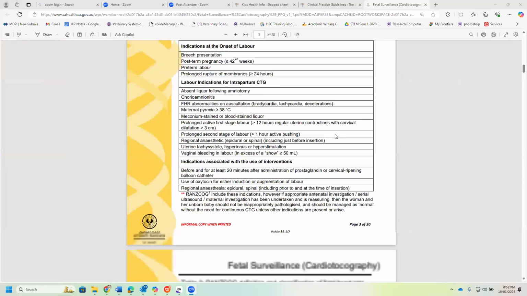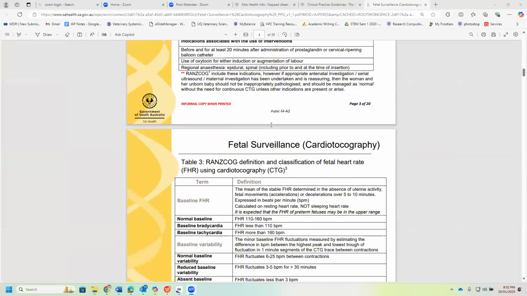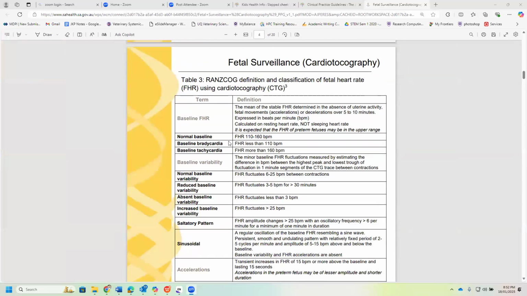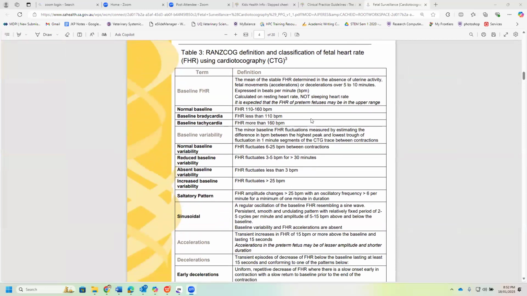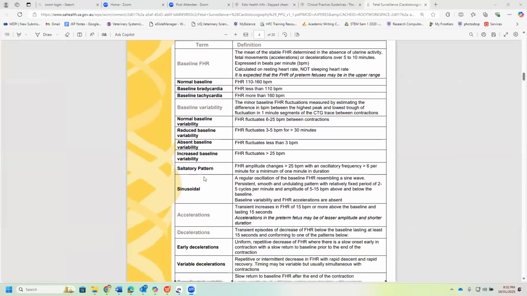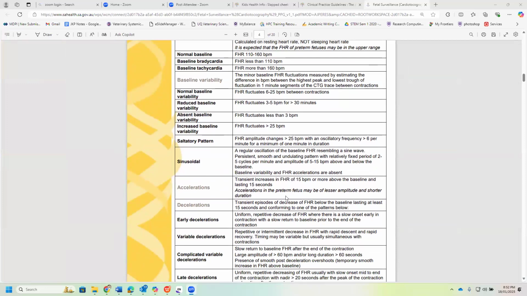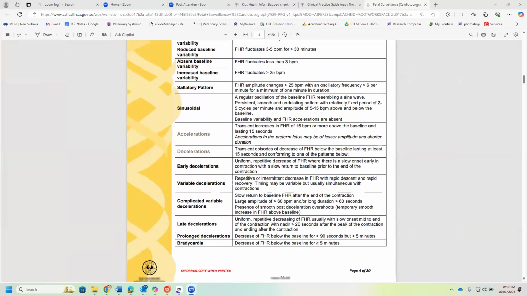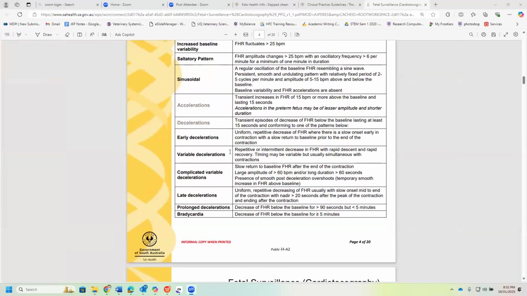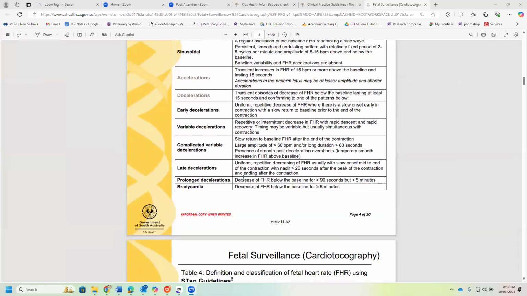Antenatal indications for monitoring. This is how they talk about CTG: baseline fetal heart rate, baseline variability, sinusoidal ECG, CTG, accelerations, decelerations, types of deceleration, which is early, variable, and late deceleration, complicated deceleration.